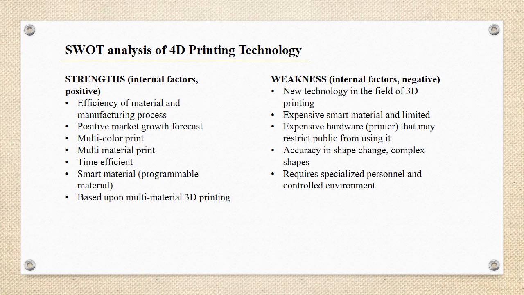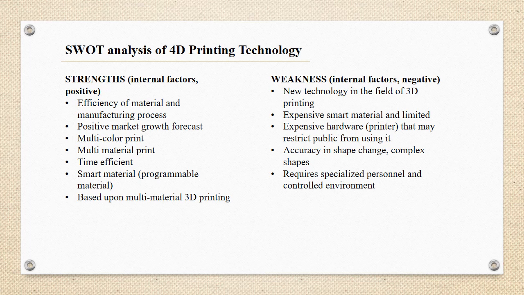Now analyze the 4D printing technology with SWOT analysis. The strengths in 4D printing: efficiency of material and manufacturing processes, positive market growth, multicolor print, multi-material print, time efficient, and smart materials based upon multi-material 3D printing.